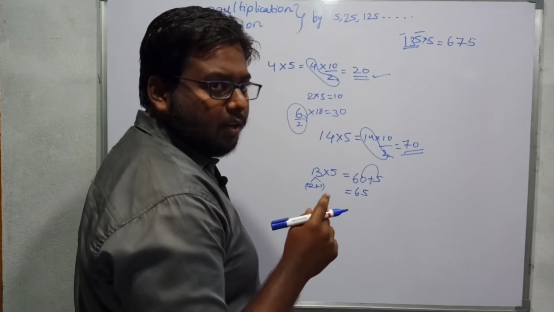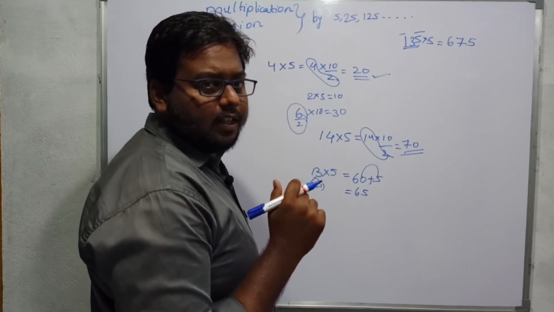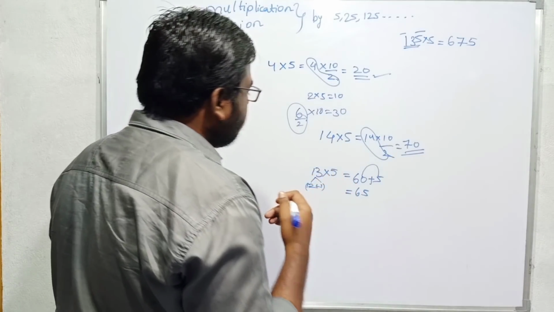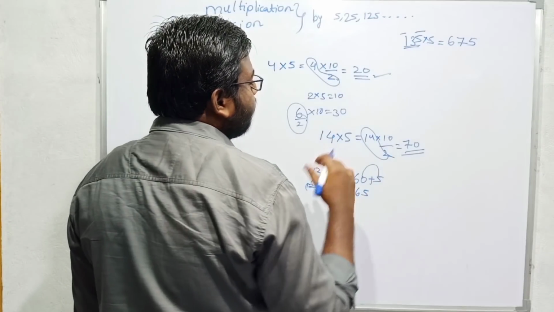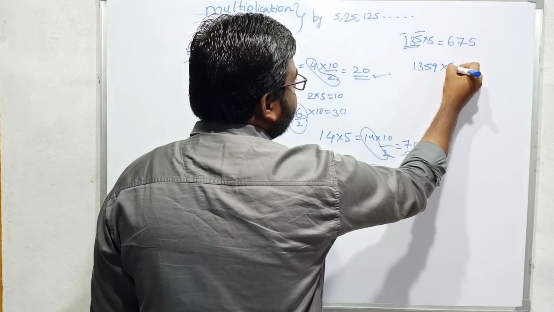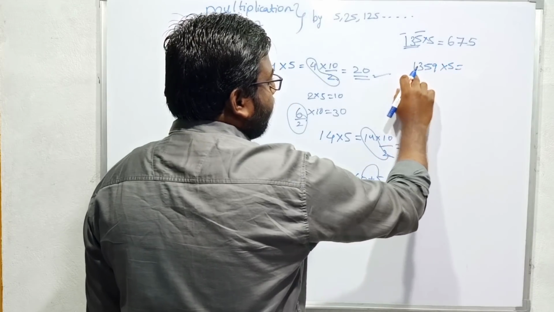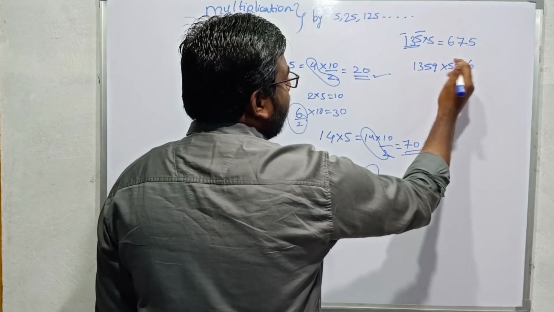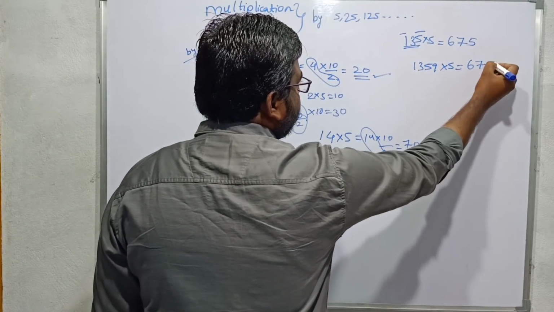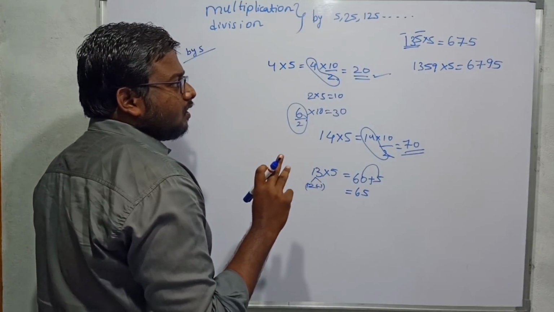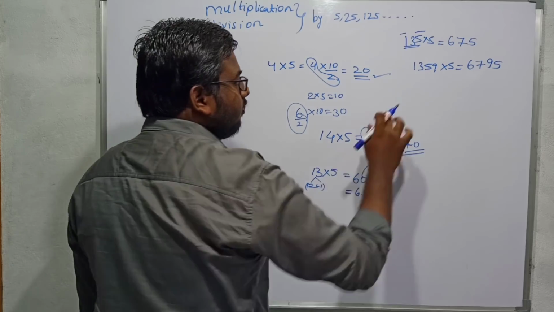If you watch that previous video of part 2, then you can get clearly how to multiply without touching the pen for any number. So now we will see the case 1359 into 5. If I take the half of this, 2 6s are 12 and 1, 2 7s are 14, 2 9s are 18 and 1 is the remainder now. So 6795 is the value of this.